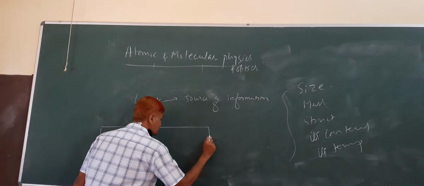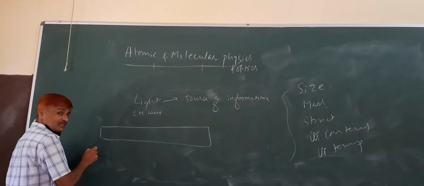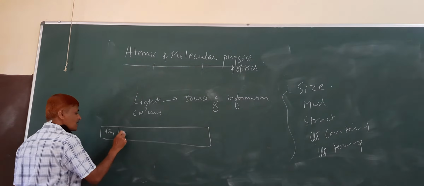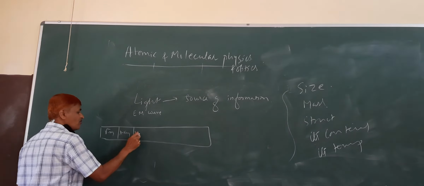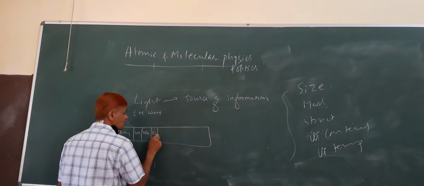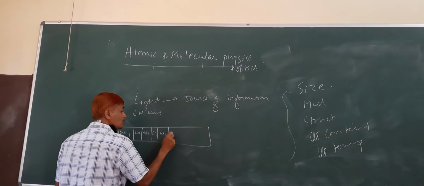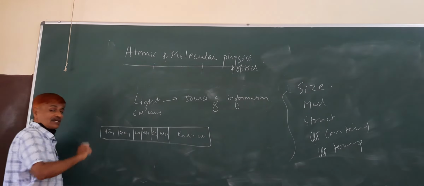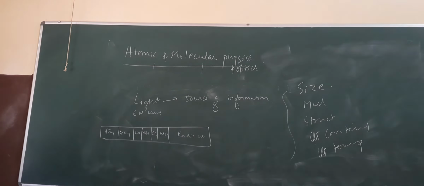Light means all this. On this side we have gamma rays, X-rays, ultraviolet, visible, infrared, microwave, radio. All this is electromagnetic wave, which generally is light.